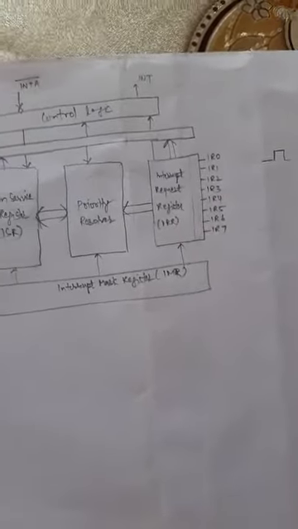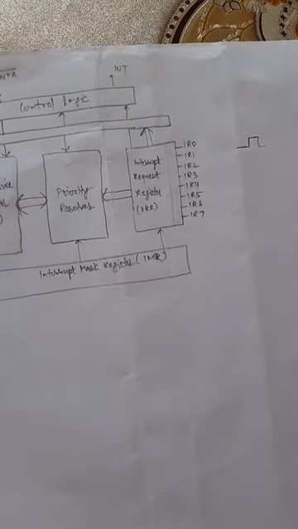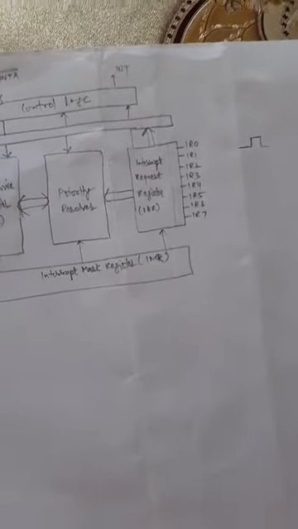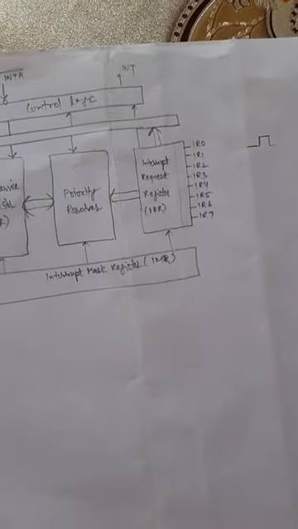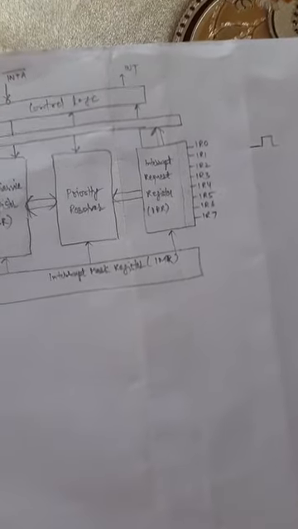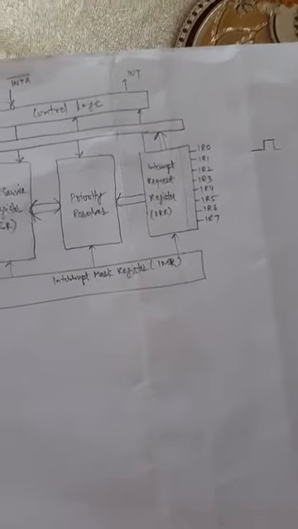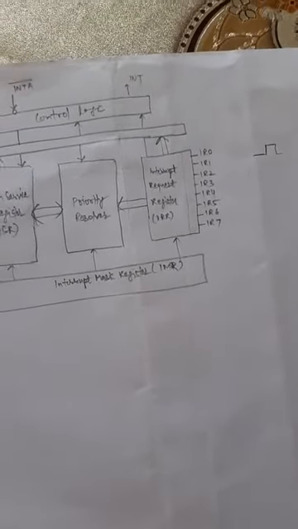If you remember, in the interrupt lecture we used a D flip-flop. Once the interrupt has occurred, the D output of that flip-flop becomes 1. Even if the interrupt has gone, the output of the D flip-flop remains 1 until the interrupt is serviced.